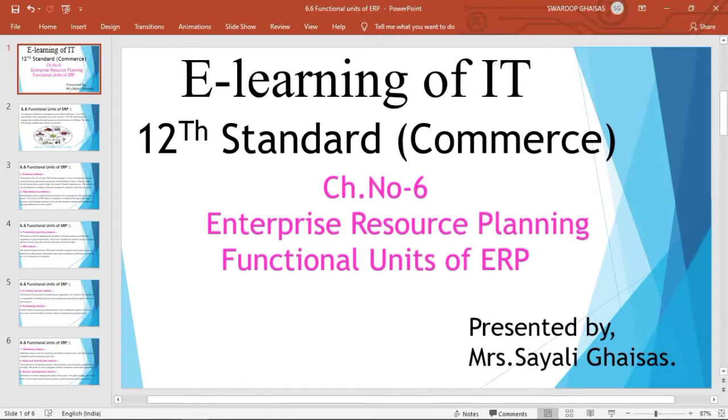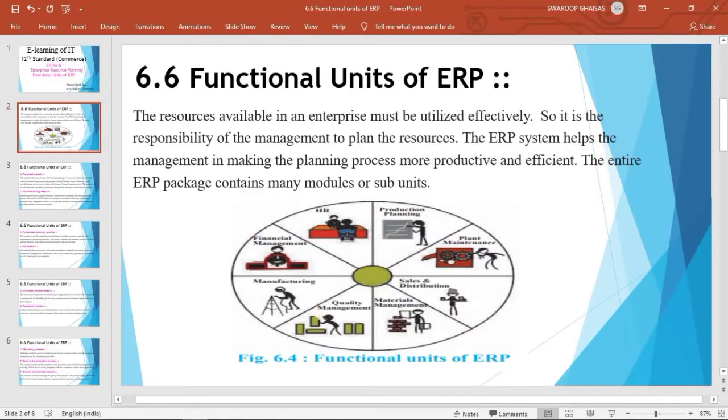The communication between different departments, those departments are nothing but the different functional units of ERP. So today we are going to discuss what those different functional units of ERP are.